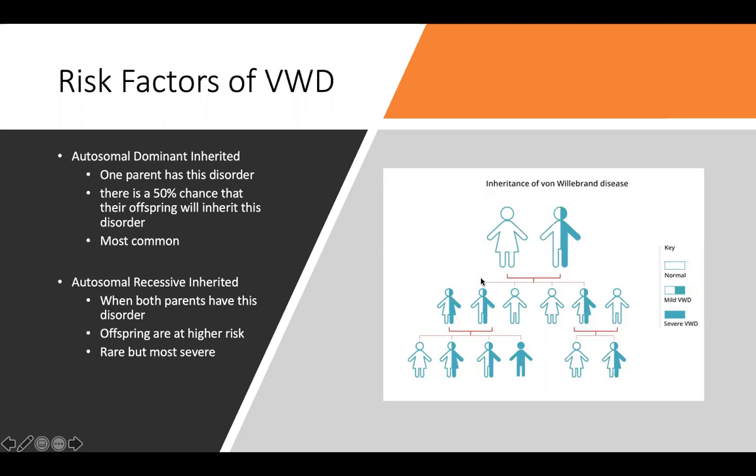And so whenever, they can give 50%, a mild form of von Willebrand's disease. However, just say that this is not their offspring, but say right here, this is two people and this is their offspring, and you see that two of them have the mild form of von Willebrand's disease.